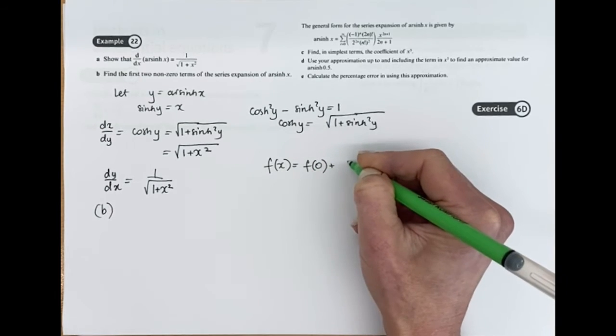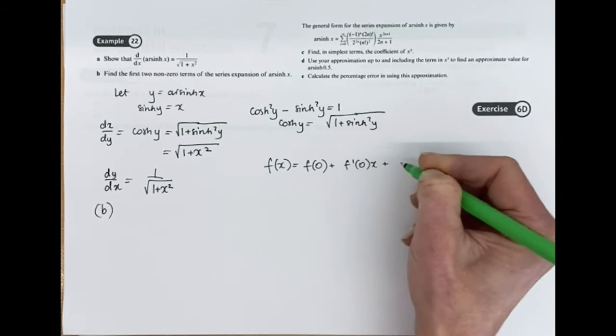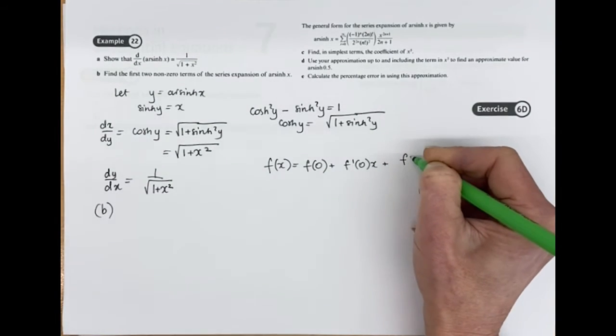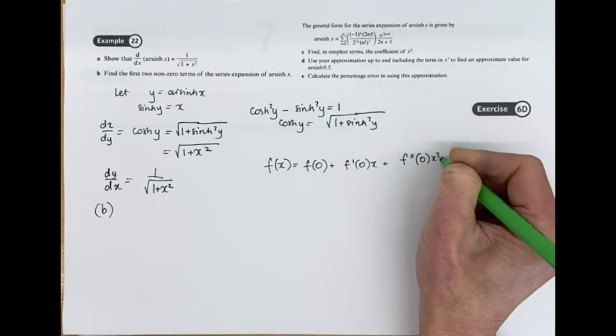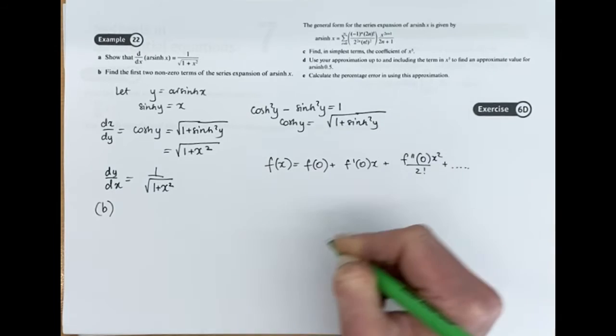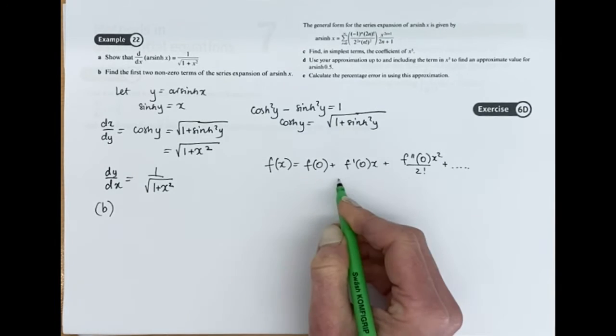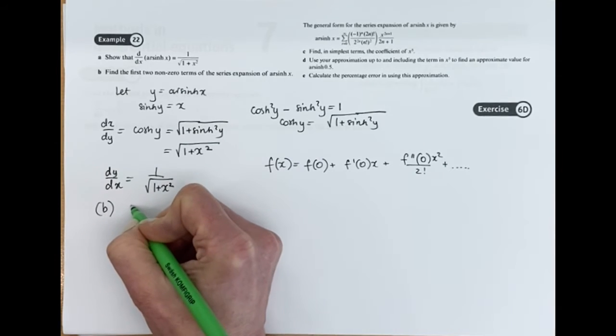The second term is f dash of 0 times x. The third term is f double dash of 0 times x squared over 2 factorial, etc., etc. Okay, so we need to find these derivatives and see if any of these will disappear.